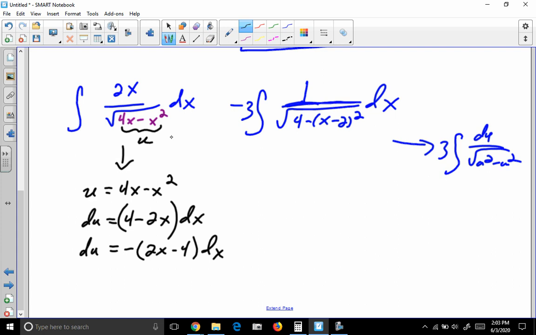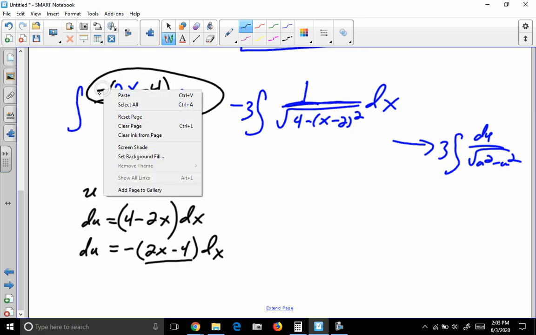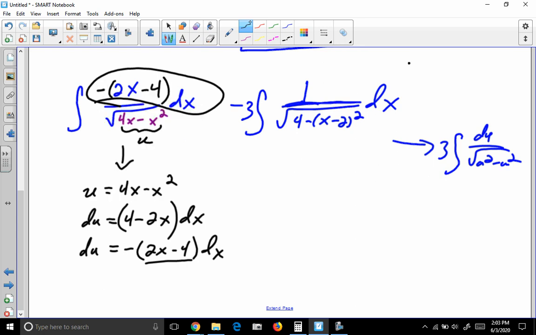If all of that's u, and we want to have a du on top here, we could subtract 4 as long as we also add 4, and we would also need to multiply that by a negative. If I multiply by a number here, I have to divide by it, so I'm basically multiplying by negative 1, divided by negative 1.